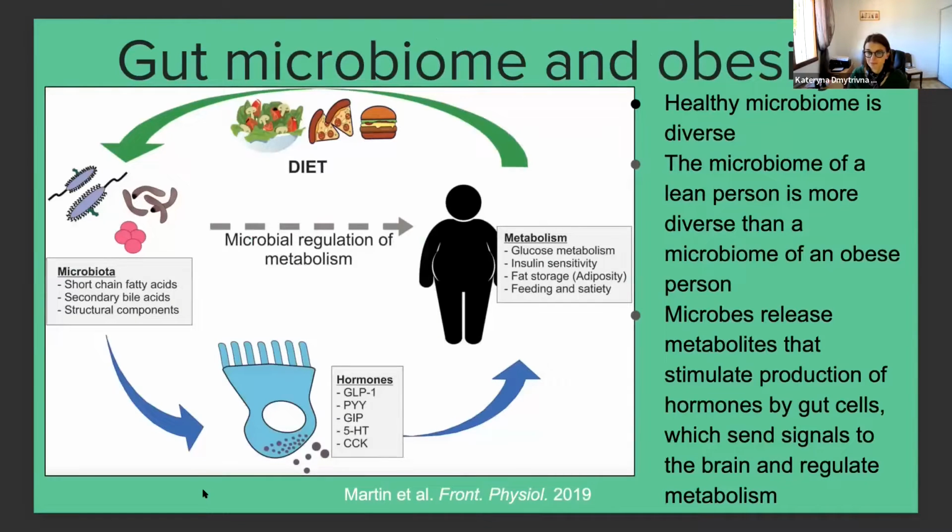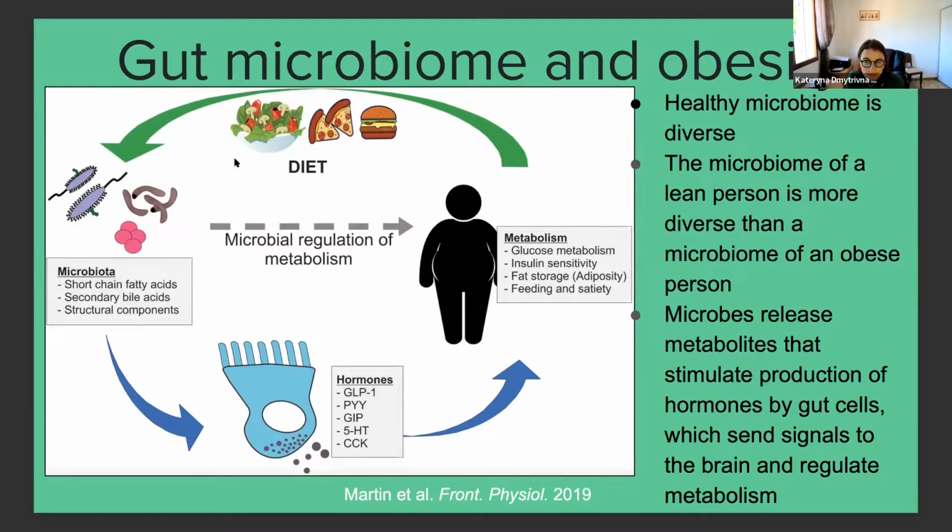And healthy microbiome is diverse. So the microbiome of a lean person has a greater number of different species of bacteria than a microbiome of an obese person. So our microbiome, especially in the gut, depends a lot on the diet that we have. So healthy diet frequently means a healthy microbiome.